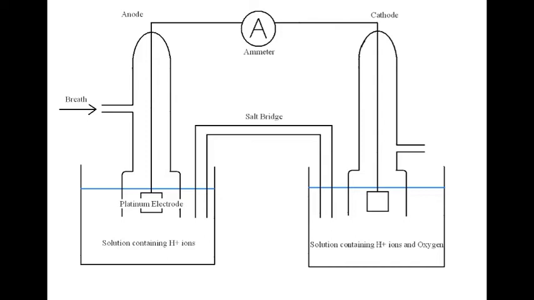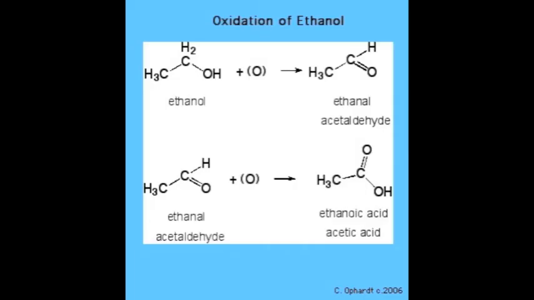The wire connects it to another platinum electrode, which contains oxygen from air, and a solution containing hydrogen ions, which acts as a cathode, in addition to a microprocessor to measure the potential difference across the two electrodes. There will be potential difference between the two electrodes when ethanol is oxidized to ethanoic acid, while oxygen will be reduced to water, creating current.